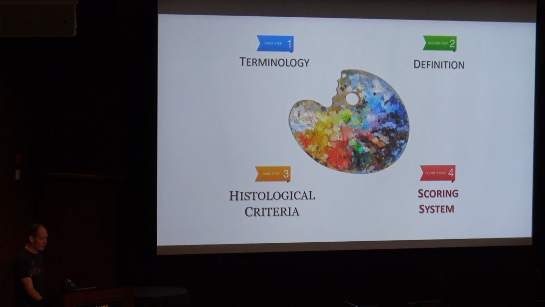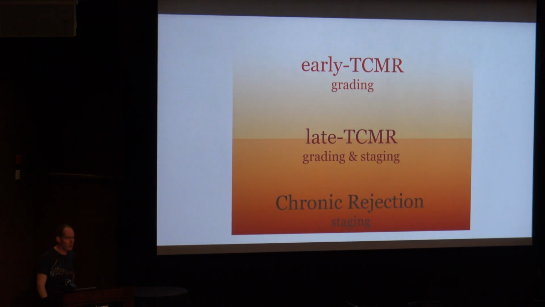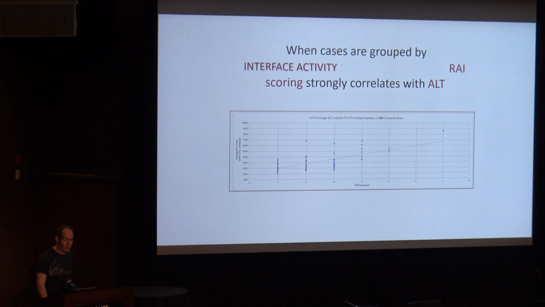She gave a very exhaustive and complete review of the terminology, definition, criteria and the scoring system, and somewhat akin to what the kidney people are going through at the moment, looking at should we be thinking of activity and chronicity as indices, should we be trying to bring in the various patterns of diagnosis of rejection that characterize early versus smouldering versus late allograft rejection.